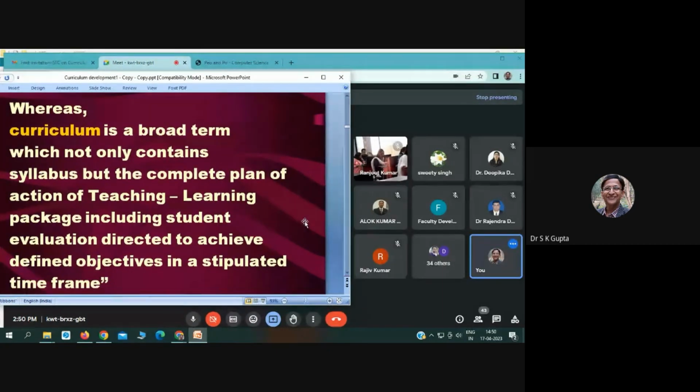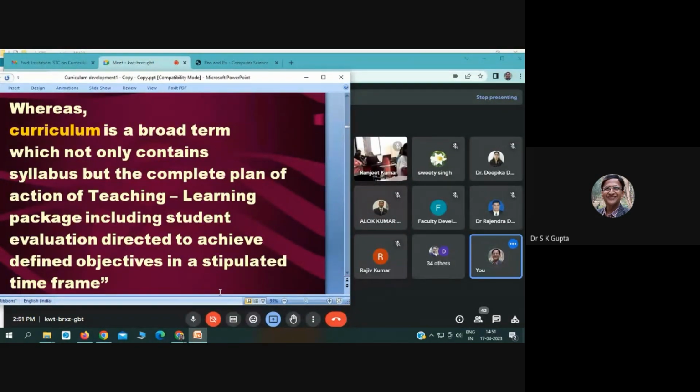So now we will not say that students are in our institution just to pass out of any program, but that they are with us so that we can achieve some specified educational objectives, what they will be able to do after completing their degree or diploma. Like if a student goes out after the first year, what will be his competency, what he will be able to do. So we are to achieve our defined objectives in a stipulated time frame.